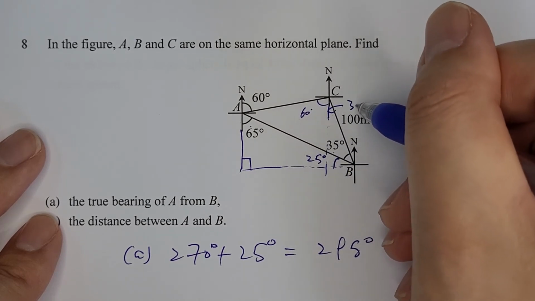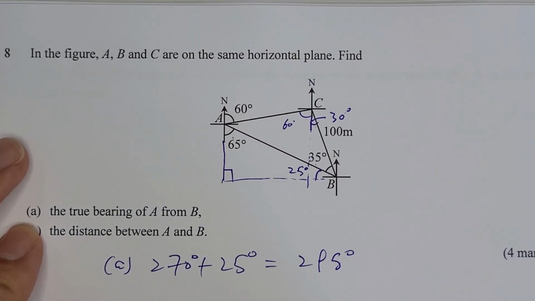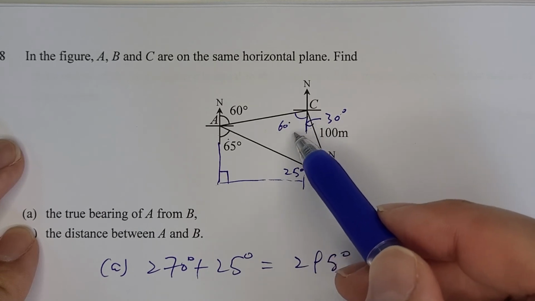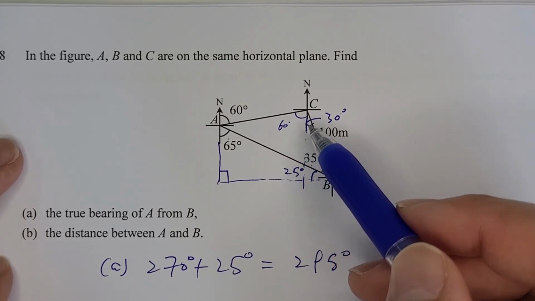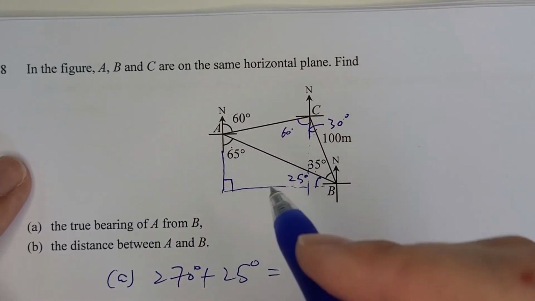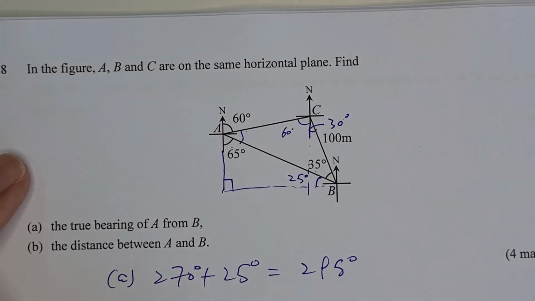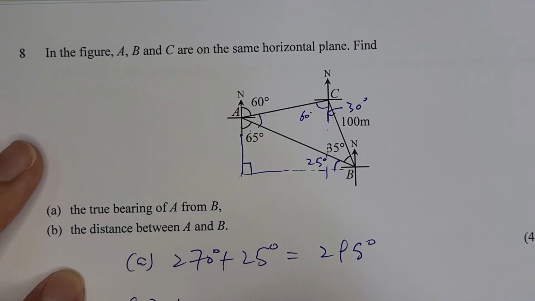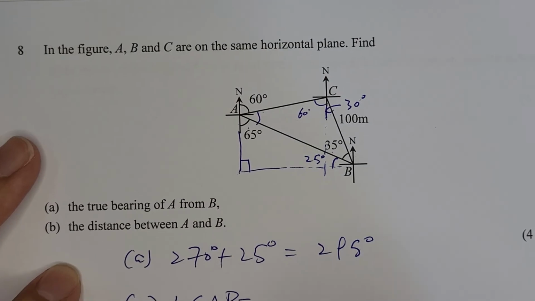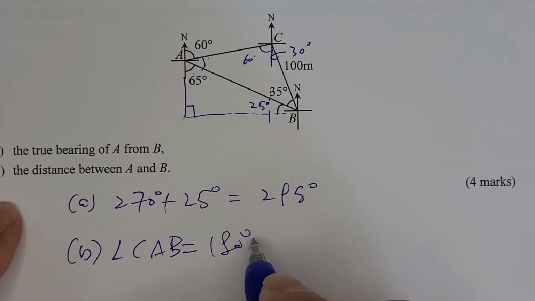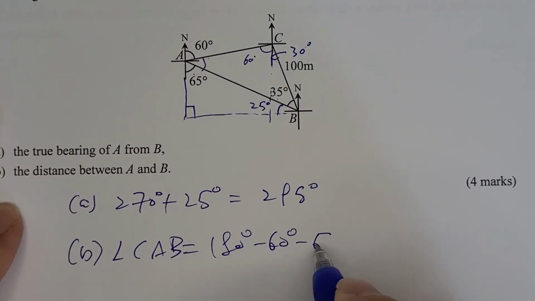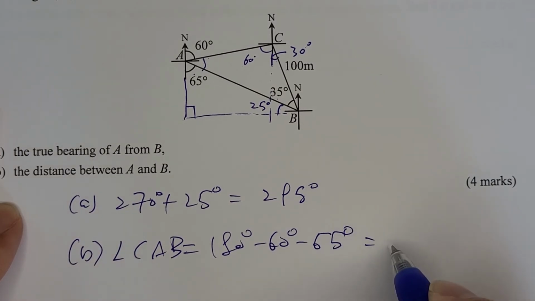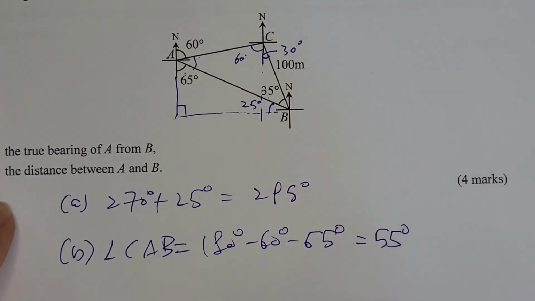That means this one is 30. So it's a right angle. And you want to find distance between A and B, you can try to find out this angle first. Angle CAB, that is 180 degrees minus 60 degrees minus 65 degrees. That is 55 degrees.